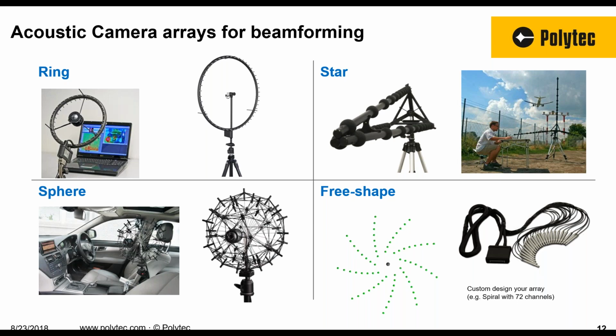And then we also offer microphone bundles in which you can customize your own array. This is useful for specific applications where you maybe have a specific problem that you're repeating all the time, and you can customize it to fit your needs.